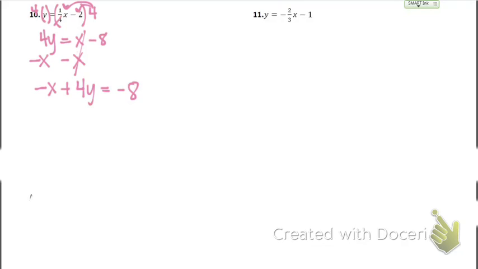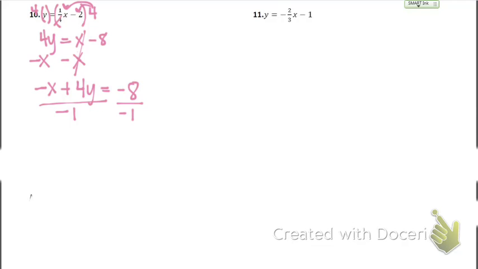No. So the thing about standard form, x's always come first because remember, mathematicians like things alphabetical. But we also want the x to be positive. So what could I do to get that negative x and turn it into a positive x? Rose. I subtract negative 1? Divide by negative 1. So I divide the whole thing by negative 1. And watch what happens.